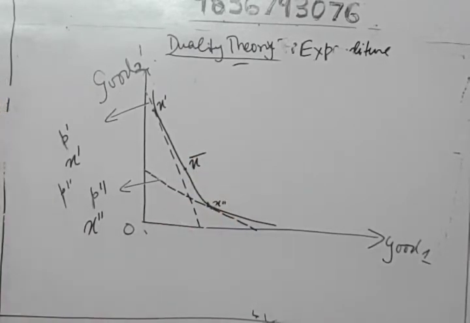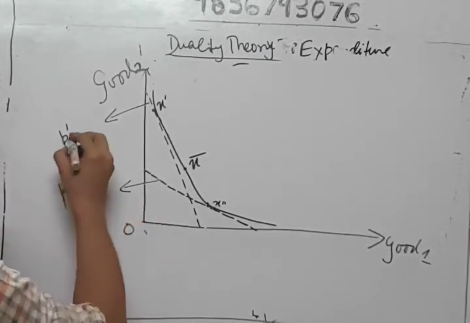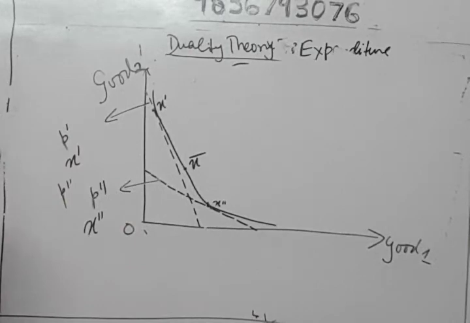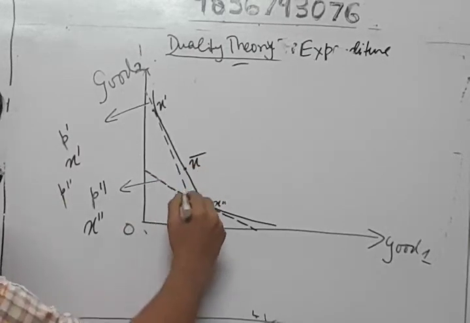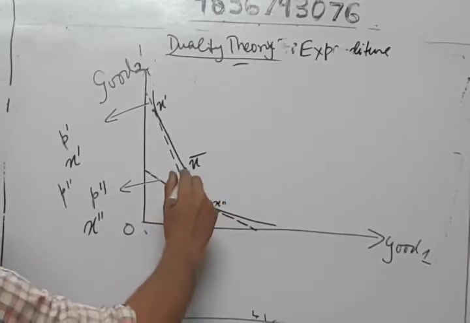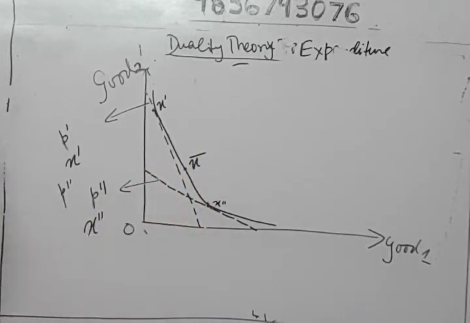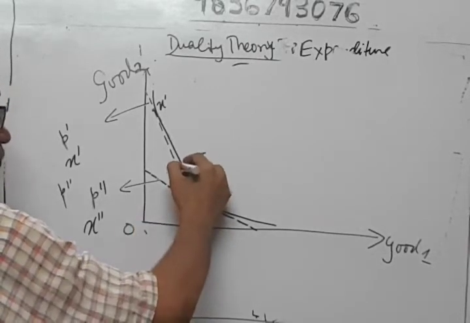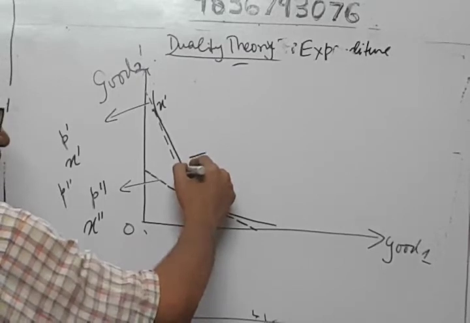So as we keep on shifting these iso-expenditure lines given the same price vectors, that is P' and P'', it is obvious that both these iso-expenditure lines will have to keep on shifting outward, further away from the origin, and as they move further away from the origin, that will imply higher iso-expenditure lines and a higher level of expenditure, such that both these lines are passing through this point X̄.